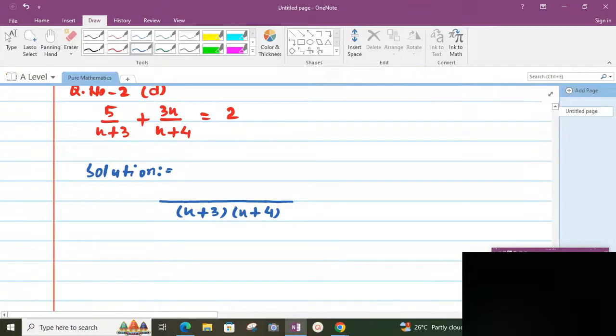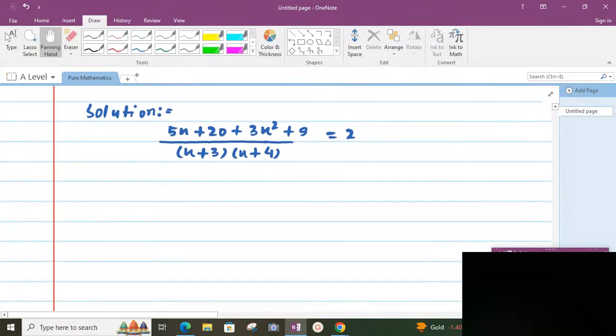Then x plus 4 multiplied by 5, then we get here 5x plus 20, and here is the plus, so here will be plus, and 3x multiplied by x plus 3, then we get here 3x square plus 9x equal to 2. Of that there is no problem to understand up to this step.